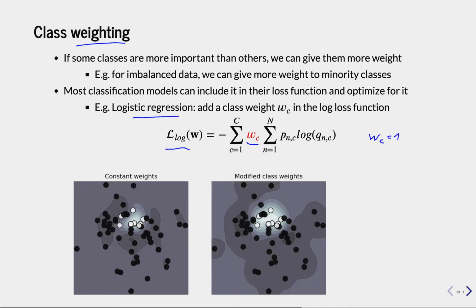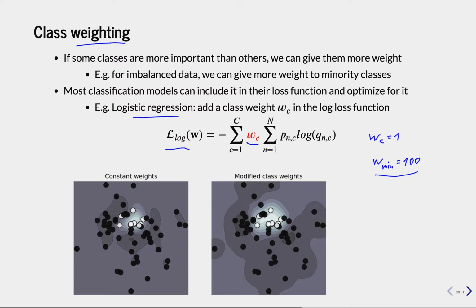If it's imbalanced, for the minority class, we can set it much higher. We can give it like 100 times more weight, which means that your optimization will now find a solution which gives more priority to those points. Right?